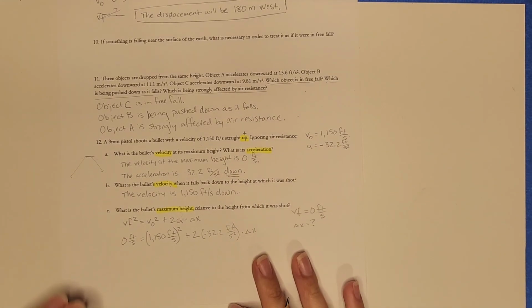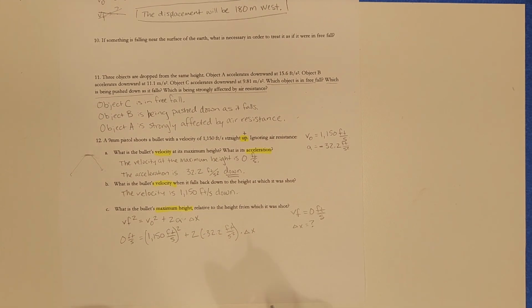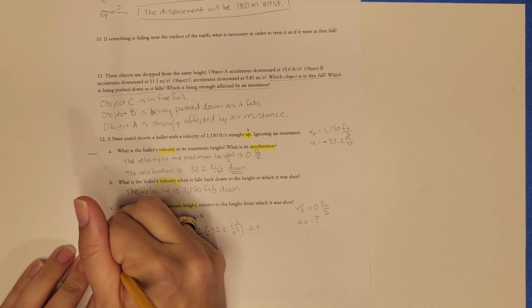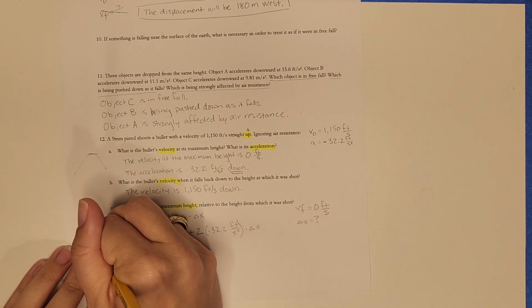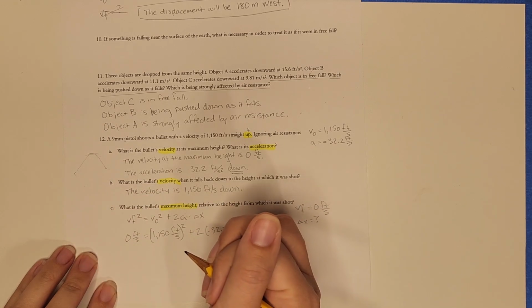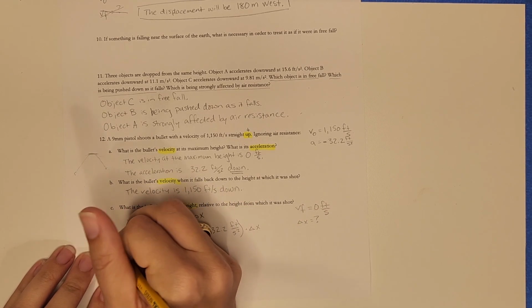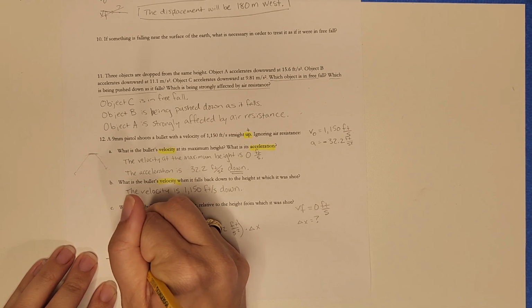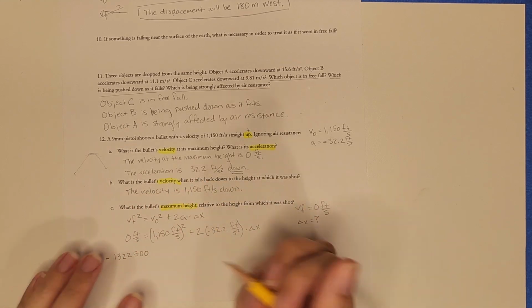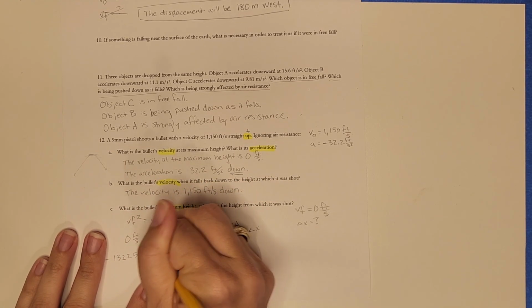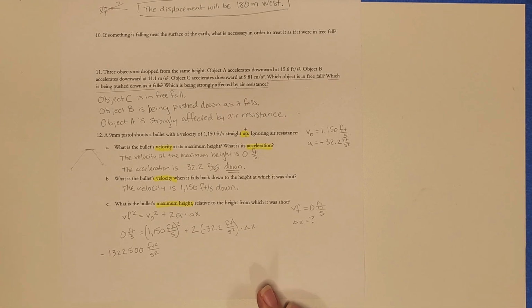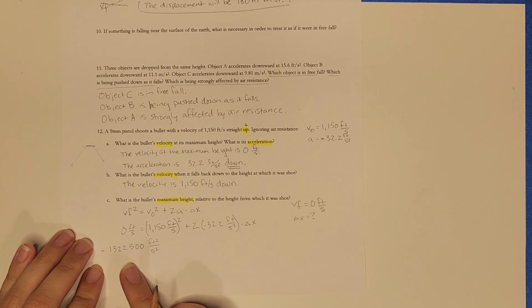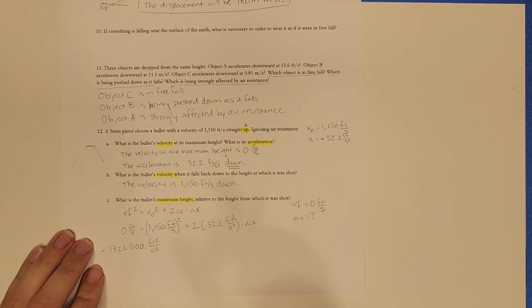Okay, so like I did in one of the earlier problems, I'm going to calculate this part and move it up over automatically. And so I'm going to get a pretty big number here. It's going to be negative 132,500 feet squared per second squared. Now, there are only 3 significant figures here. I'm going to wait until later to get this back down to the correct number of significant figures.